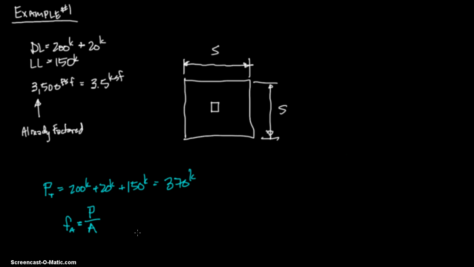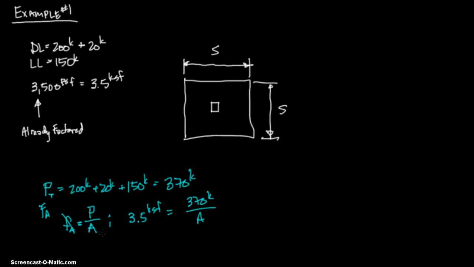We have our P. We need to find our A, and our allowable, which we'll call FA. We'll change this to FA, and that will give us A min to get FA. I hope that makes sense. And we'll say that it equals, over here, 3.5 kips per square foot equals P, which we know P is 370 kips over what area.